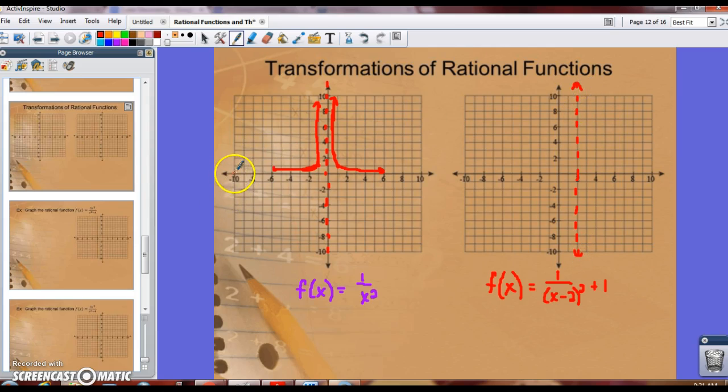I also had a horizontal asymptote at 0, but that's also going to get shifted up 1 because my entire function is getting shifted up 1, so that would be right there at y equals 1.